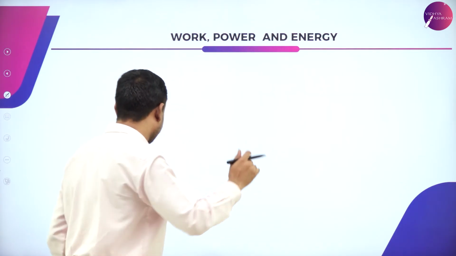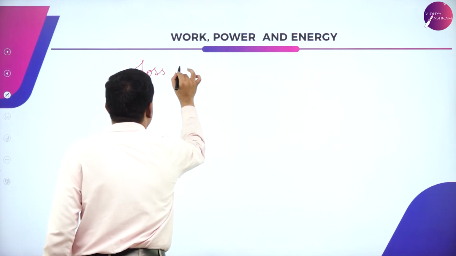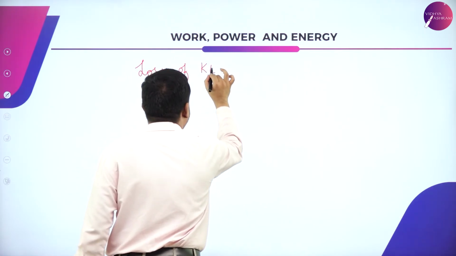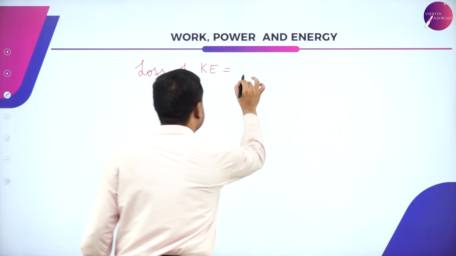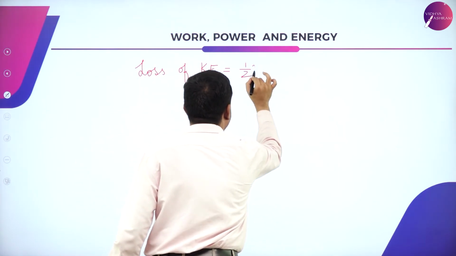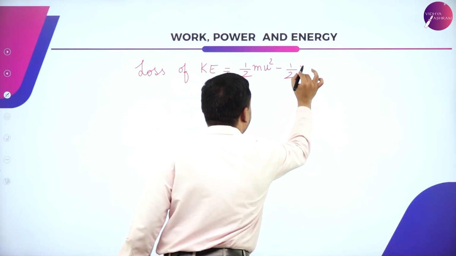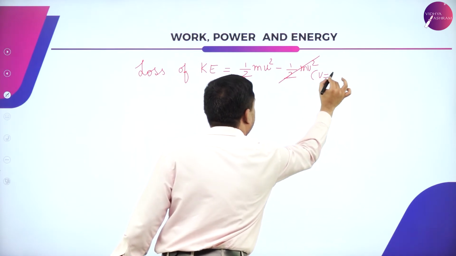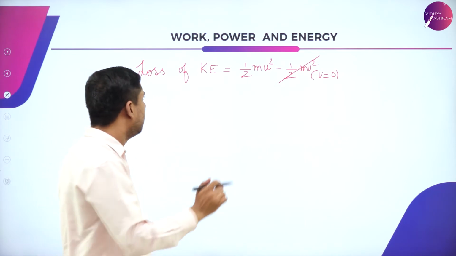So first, we will calculate the loss of kinetic energy. So this is half mu square minus half mv square. This goes off because final velocity is 0.